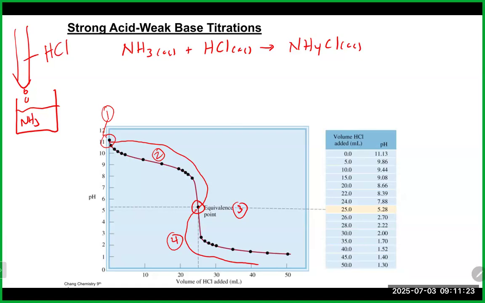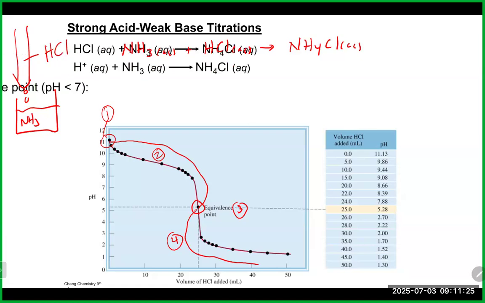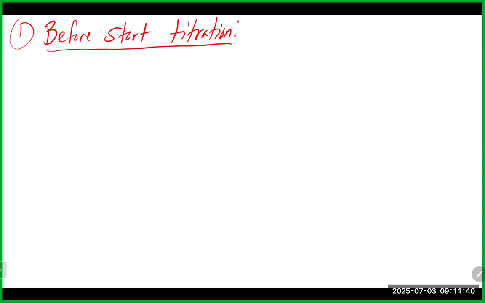So starting with the very first case here, before we start the titration, in this particular case, the only thing you've got in your beaker is your weak base.